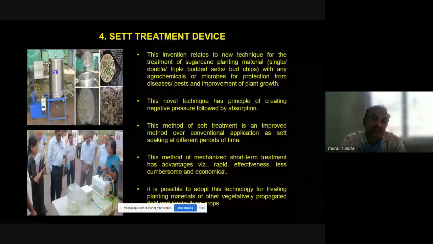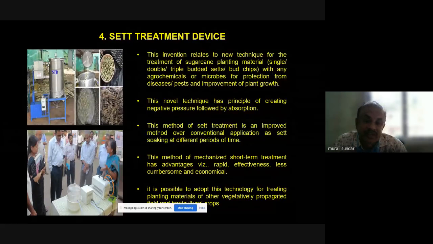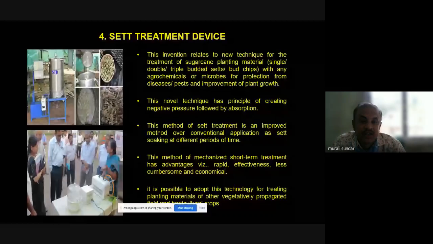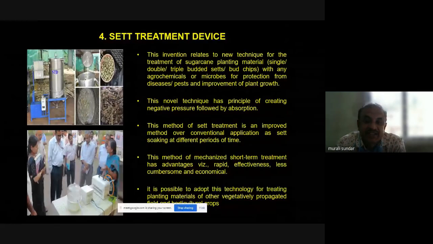So we already have hot water treatment for seed sets, but that takes overlong soaking and treatment of the sets, taking longer time as well as needing more pesticide. To reduce that, we have developed a set treatment device.